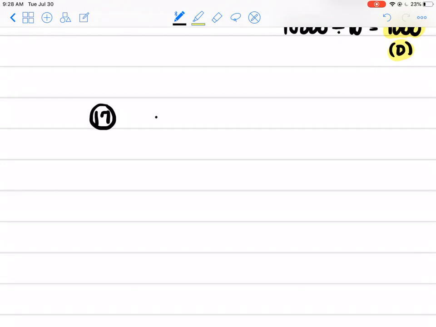So we are looking at calories and ounces, or ounces and calories. There are 230 calories in the 1.2 ounce bar. So I want to know how many calories are in the 4 ounce bar.